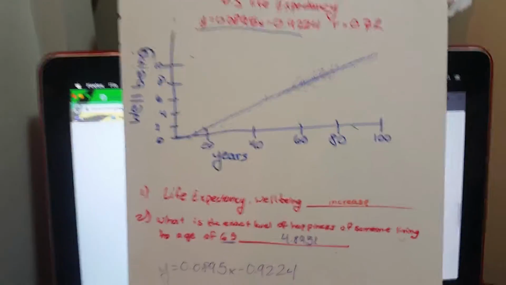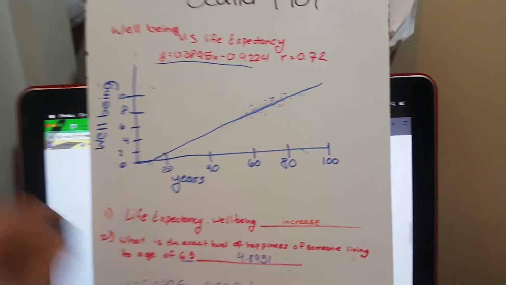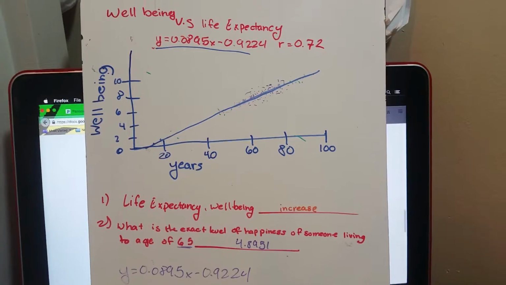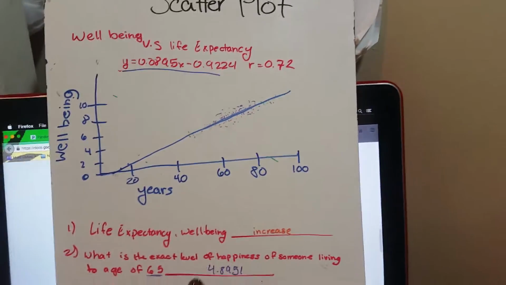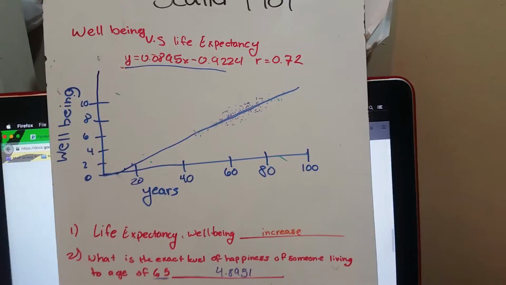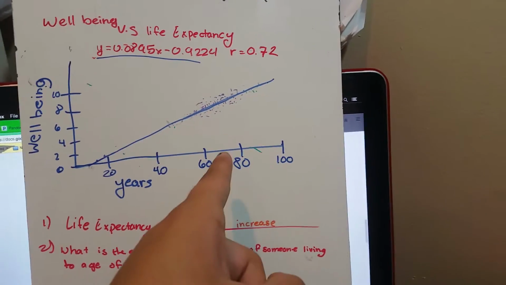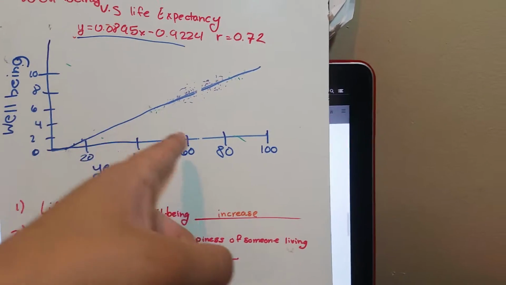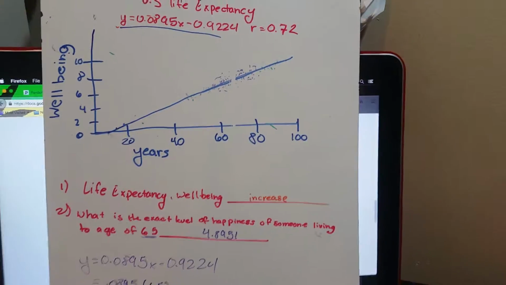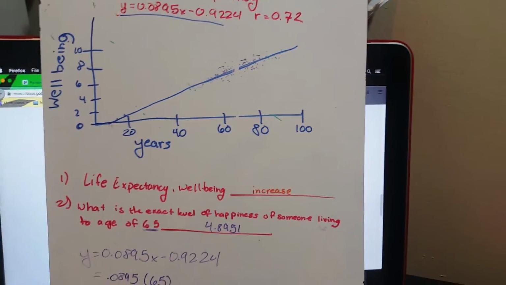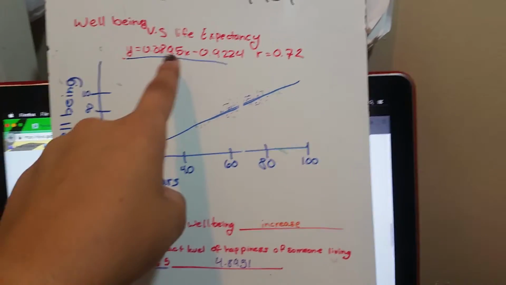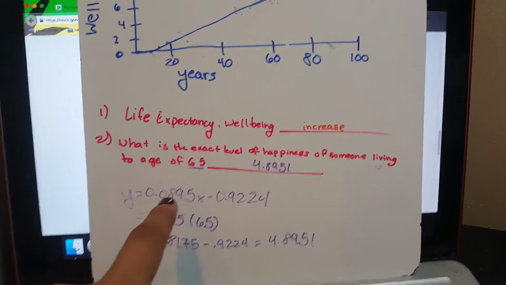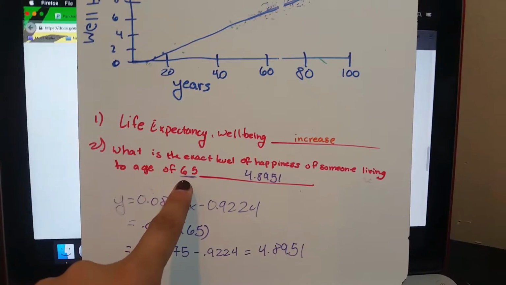So the question is asking, what is the exact level of happiness of someone living to the age of 65? The answer is 4.8951. So if you were to live to the age of 60, let's say right here, and you went all the way up and you crossed it, it would be at 4.8951. The way you find that is you use this equation. Down here, you want to find age of 65.